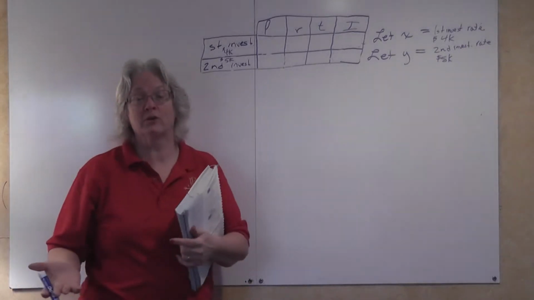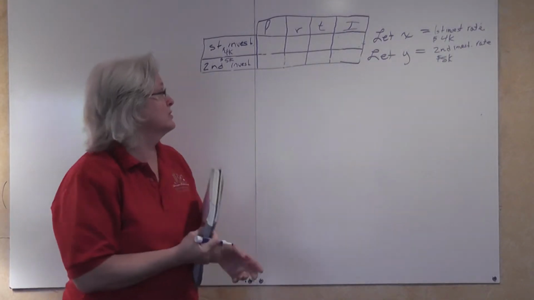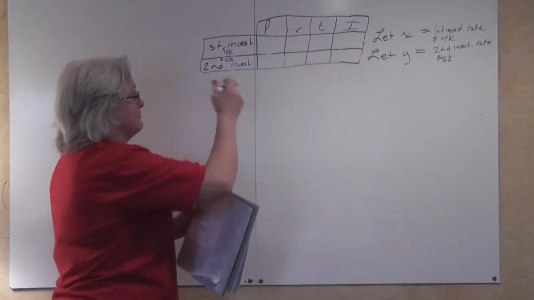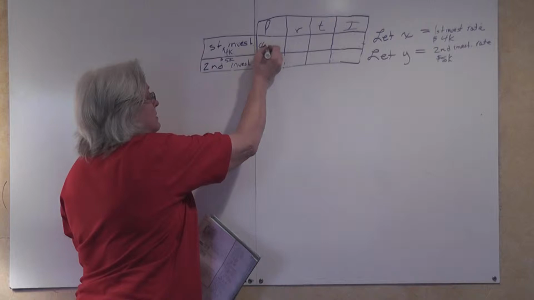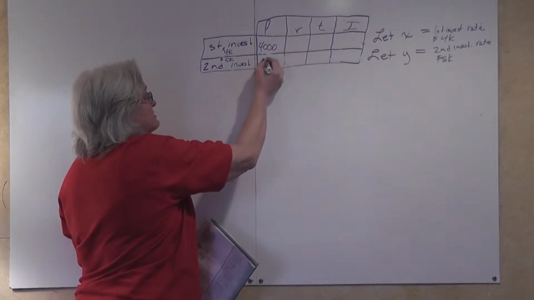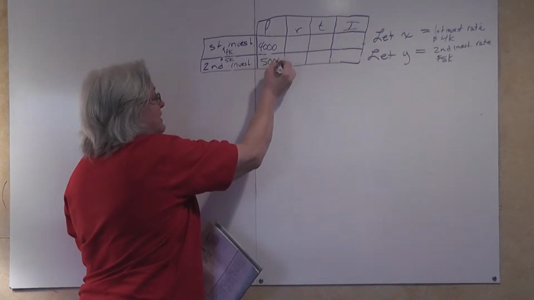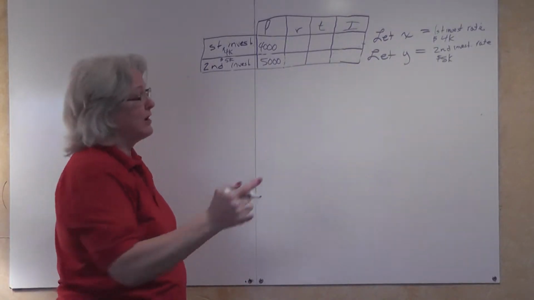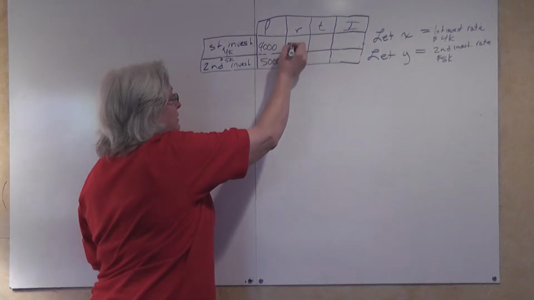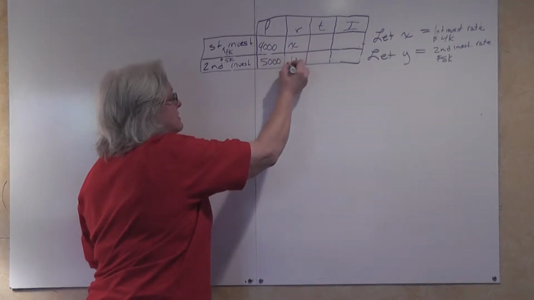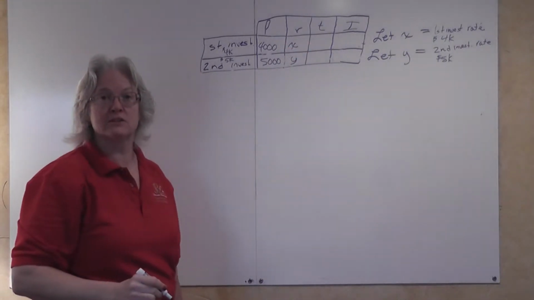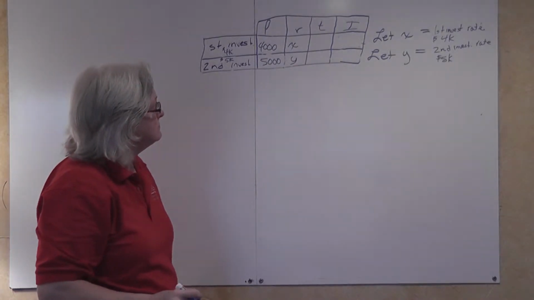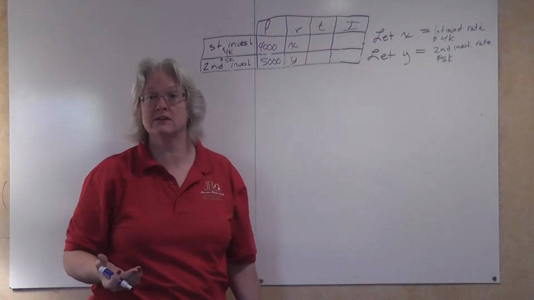Now, our first column to fill in is really easy now. What's the principal? Principal is the amount of money that's being invested. We just said we have $4,000 invested and we have $5,000 invested. What's our rate? We don't know what our rate is, but we have defined the rate on the first investment to be x. The rate on the second investment then is y. How long has this money been invested?